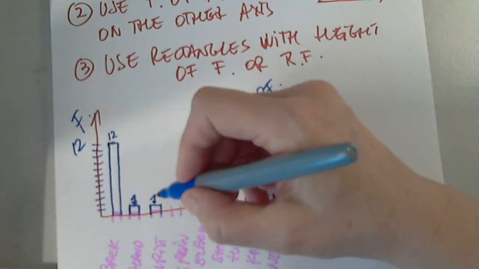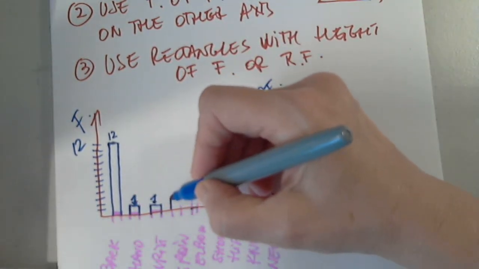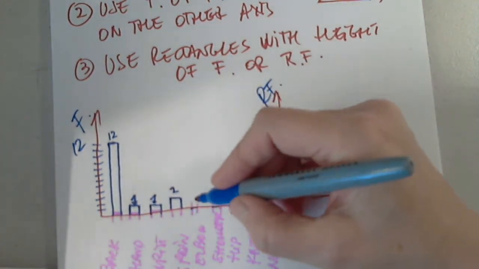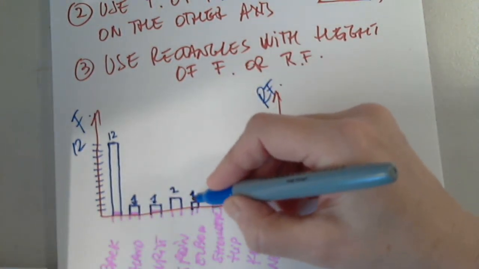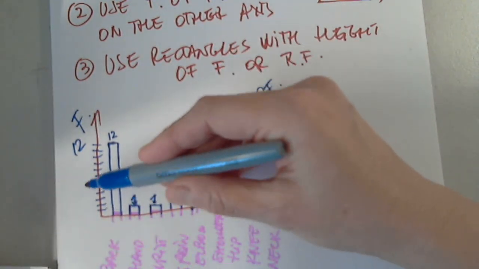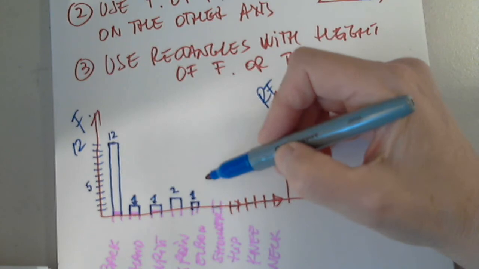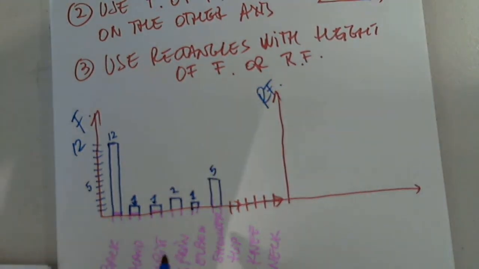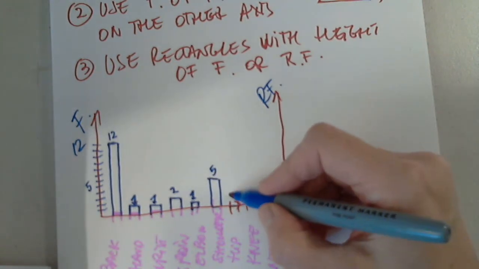Groin goes to 2. Elbow goes to 1. Shoulder goes to 5, 1, 2, 3, 4, 5. Right here is 5. Hip goes back to 2.